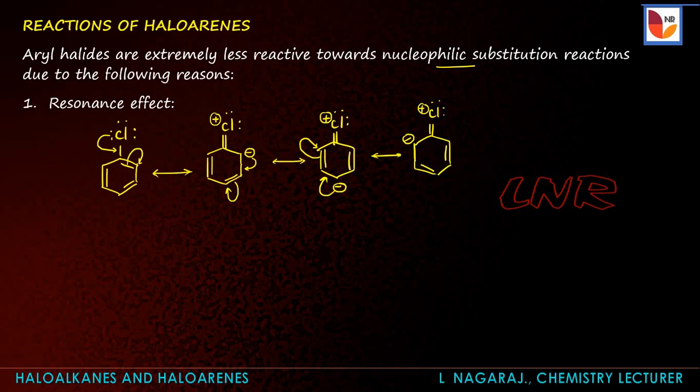Finally, the negative charge shifts towards the double bonded carbon atom, and the double bond shifts to the halogen atom, and it gives the first structure, double bonds with Cl and 3 lone pairs of electrons. This is called the first structure, this is the second structure, and this is the third structure, and the first structure is similar to the last structure.